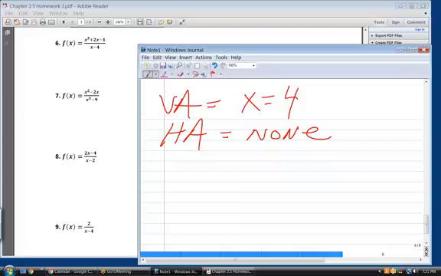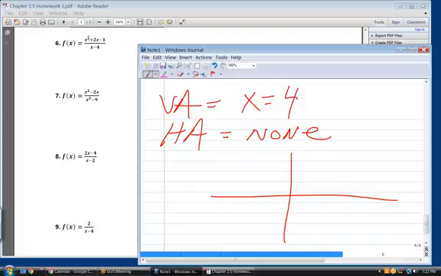There's a difference. A 0 asymptote looks like that. No asymptote looks like this. No dotted line at all. In other words, no universal end behavior as X goes to positive and negative infinity. So none is the correct answer, not y equals 0.